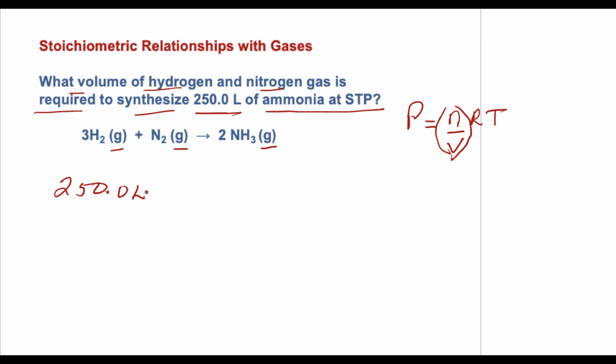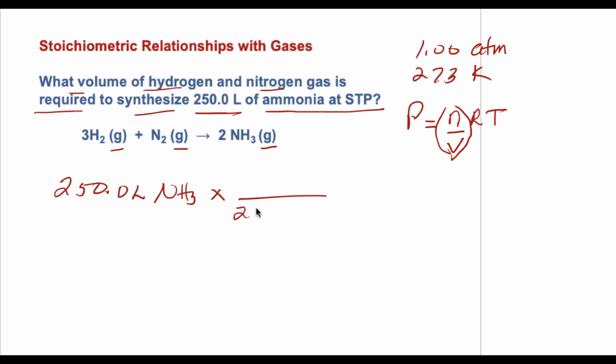Okay, so here we're going to produce 250 liters of ammonia, and again, that's standard temperature and pressure, 1 atmosphere and 273 Kelvin. So all I need to do is use the stoichiometric coefficients from the chemical equation.